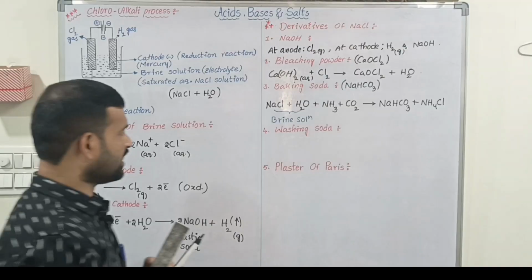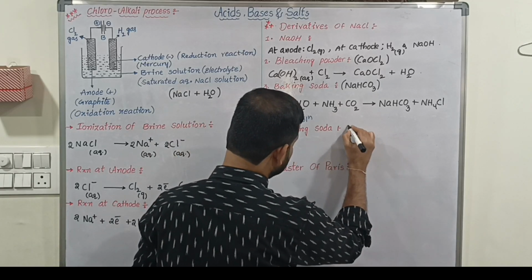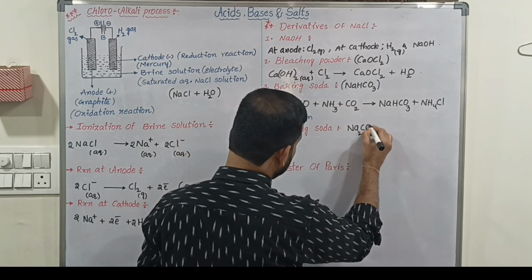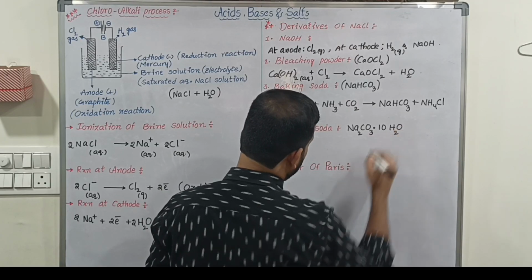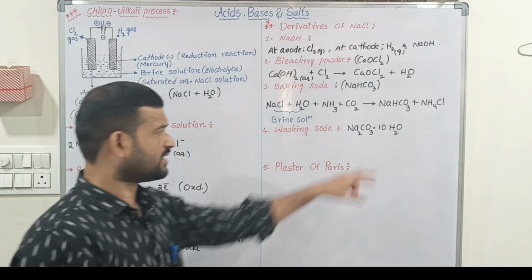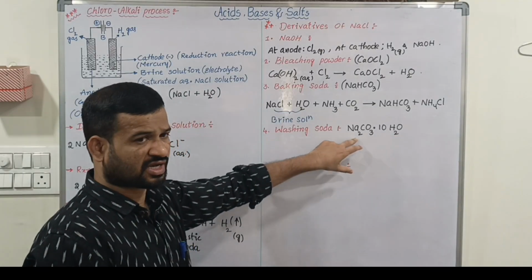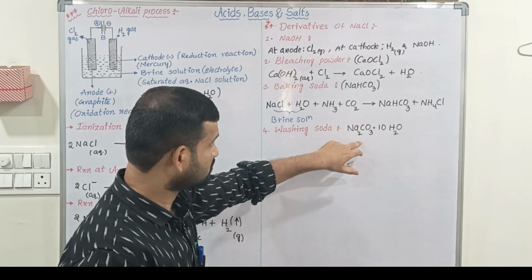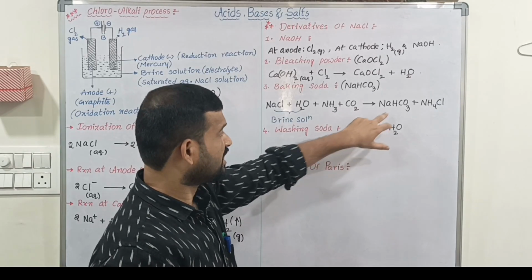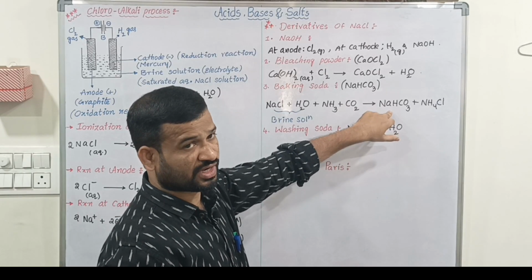Next, washing soda. The washing soda formula is Na2CO3.10H2O. Decahydrated sodium carbonate, with 10 molecules of water, is called washing soda. This washing soda is formed from the thermal decomposition of sodium hydrogen carbonate.